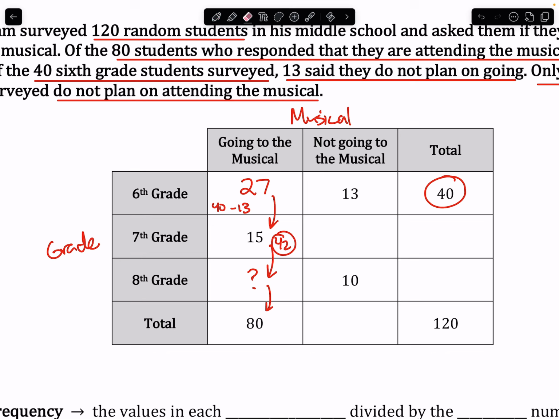Another way we could think of this is 80 minus 42, which gives us 38. Now we have enough information to work our way across 8th grade. So 38 going plus 10 not going gives us a total of 48 8th graders.